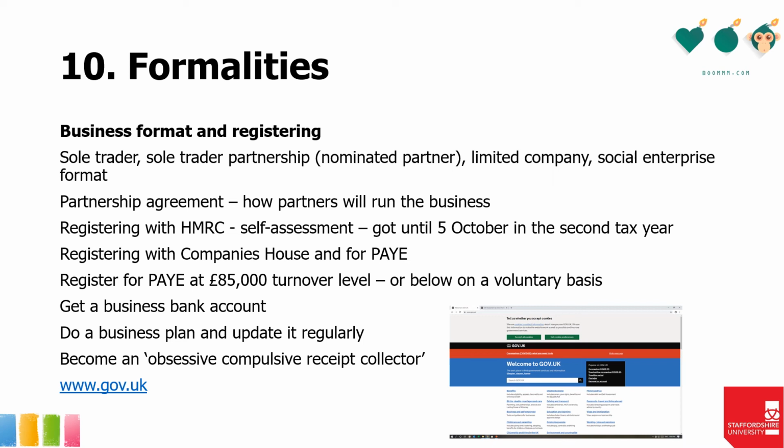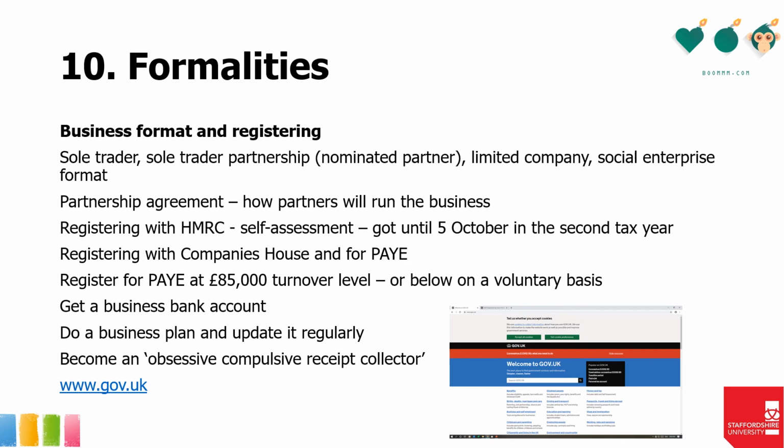What you need to do is, there's a mistake, it's actually registered for PAYE, but you register for VAT at £85,000 turnover level, or again, as we did in our business, you do that below, but on a voluntary basis.